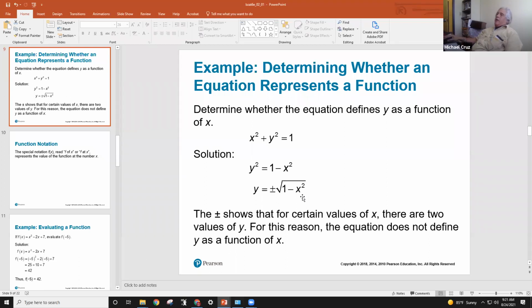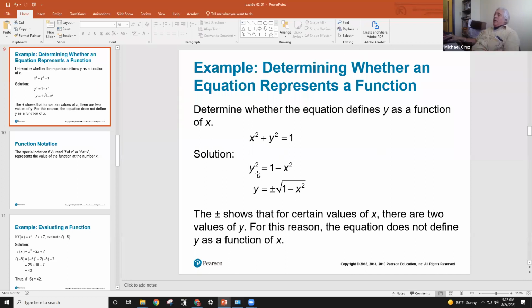Now to solve for y, first of all, you're going to subtract x squared, so it would be 1 minus x squared. And then to solve for y, you're taking the square root of both sides. And if you remember, the reason why when you take the square root of both sides, you have to throw in this plus or minus.